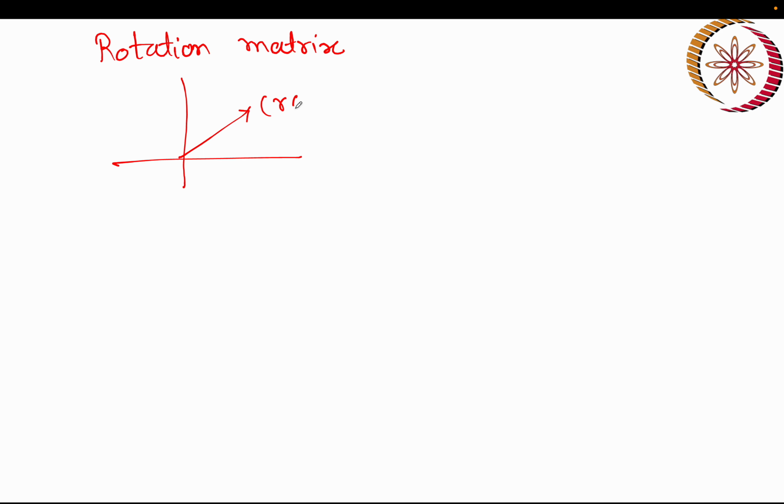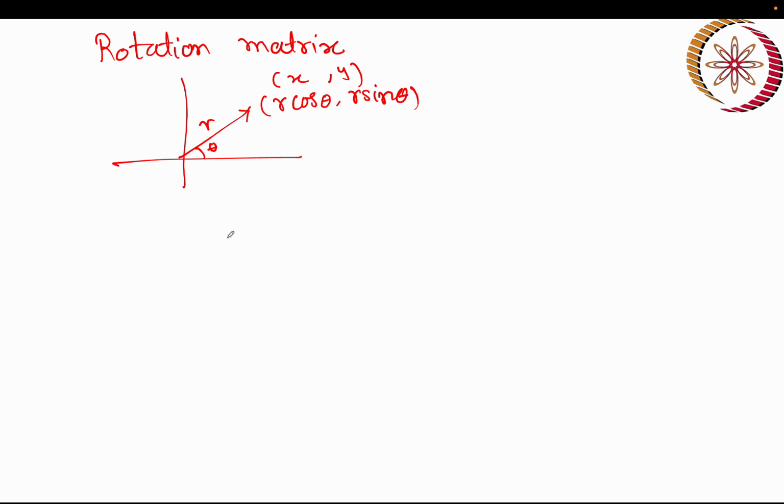One more thing I will explain is the rotation matrix, if you know the rotation matrix. Let's say this is the vector. It has the coordinates r cos theta and r sin theta for x and y, where r is this length and theta is this angle, and we can also write it as x, y.